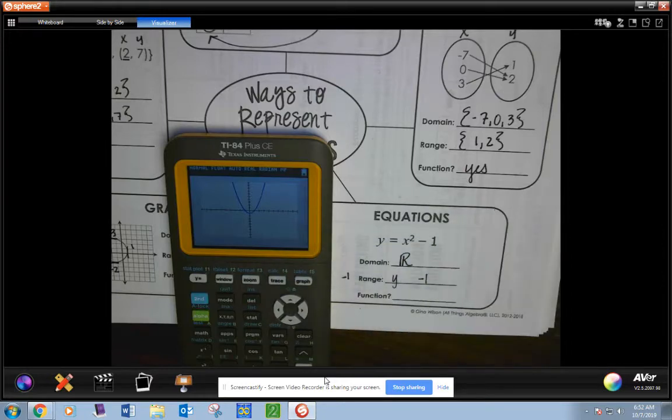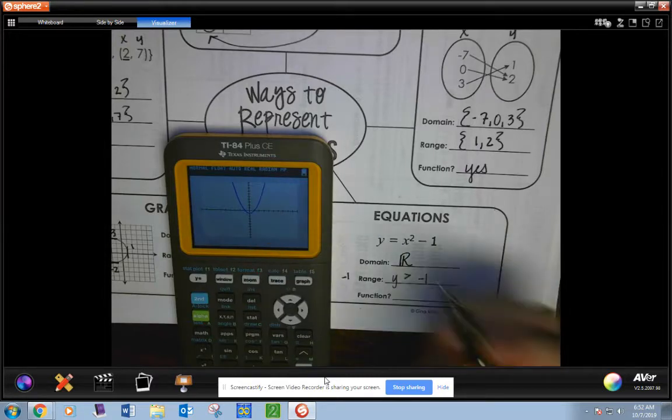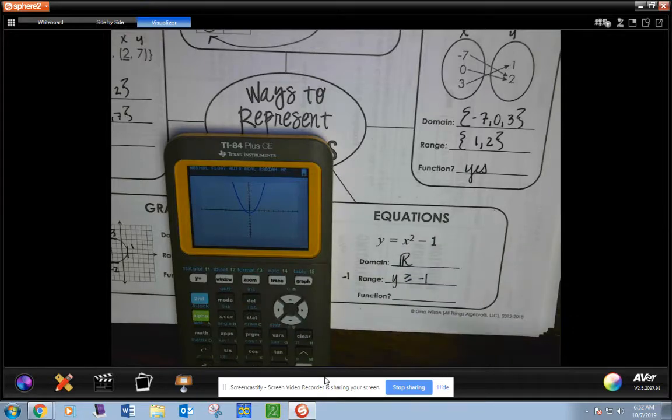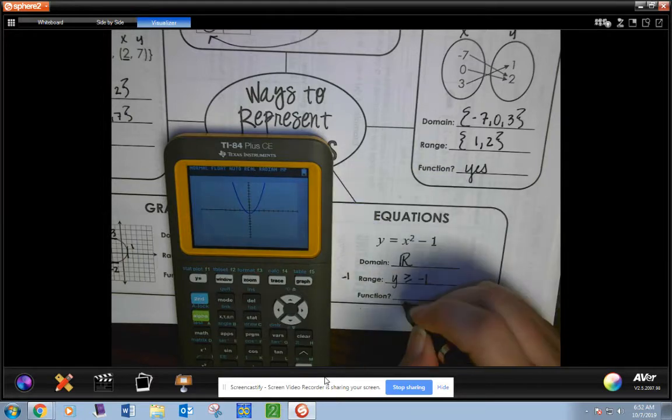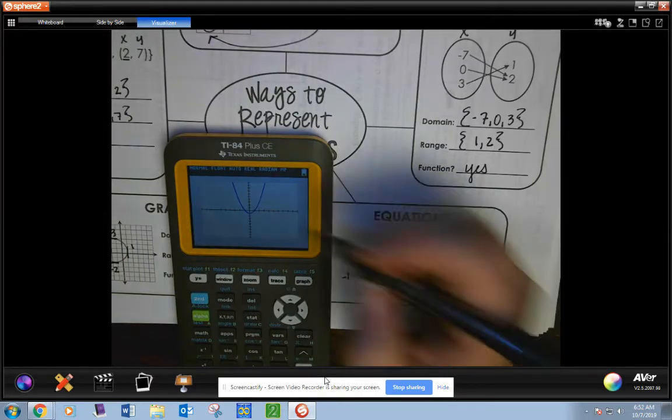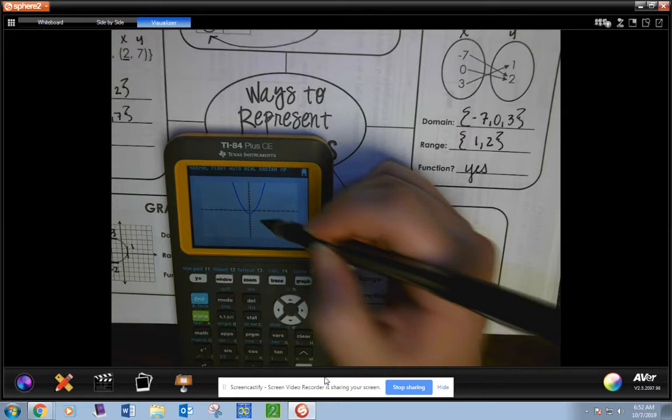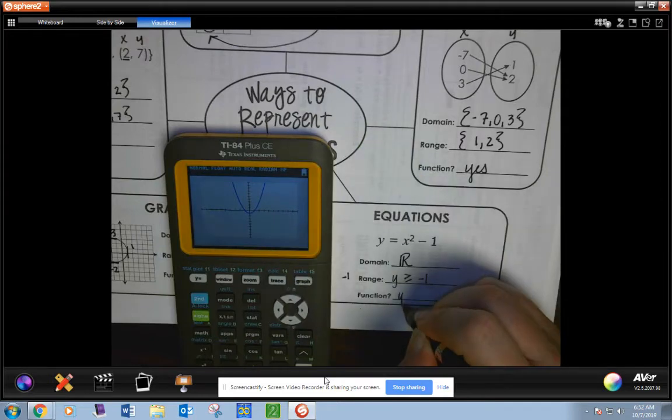The easiest way to ask this is, is the graph going up or is the graph going down? Since the graph is going up, this would be a greater than, and since it's touching exactly at -1, we put equal to. Now to figure out if it's a function, you again do the vertical line test. If I pick a bunch of different spots on here, it's only going to touch that blue line once. So yes, this is a function.